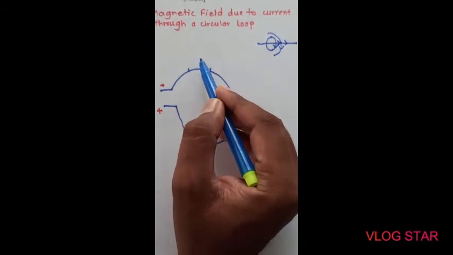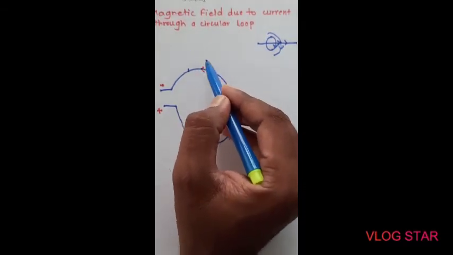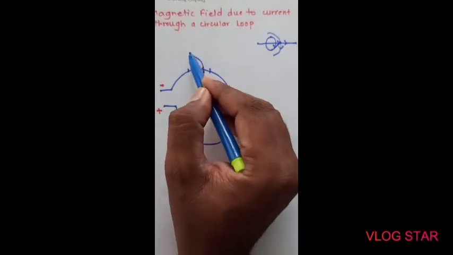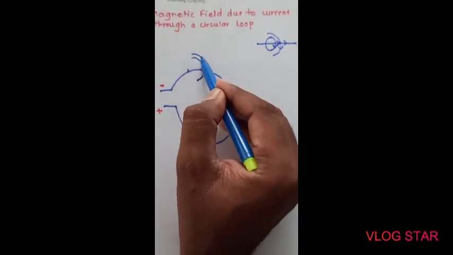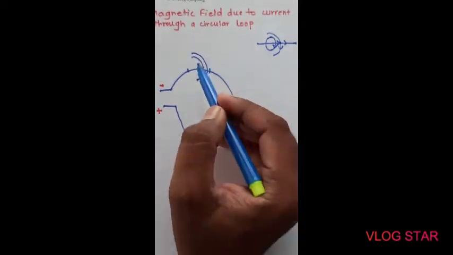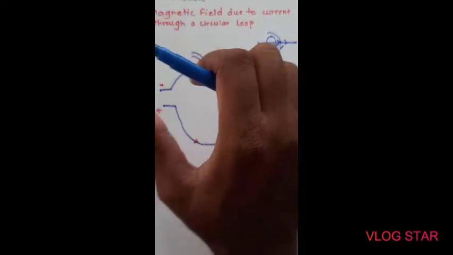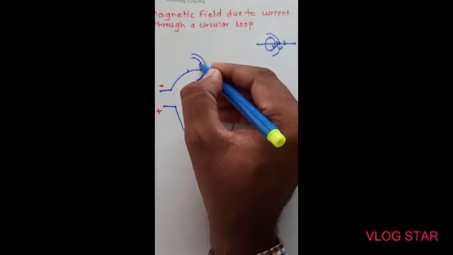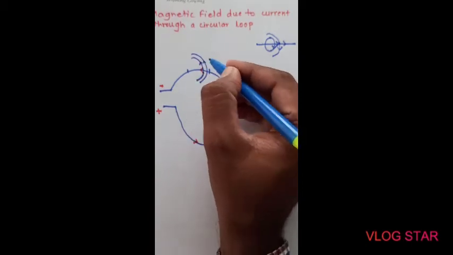So we will have the direction like these loops over here. And what would be the direction? Look here, apply the right hand thumb rule. So the thumb is this side, so the direction would be like this.